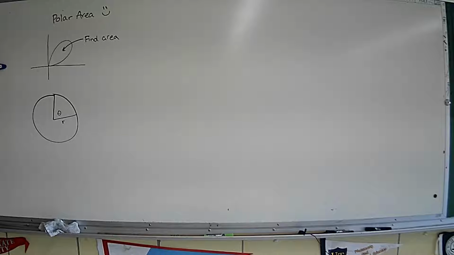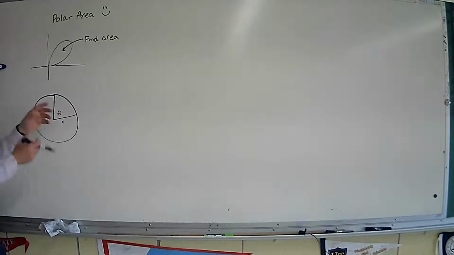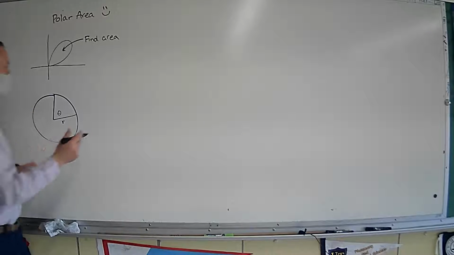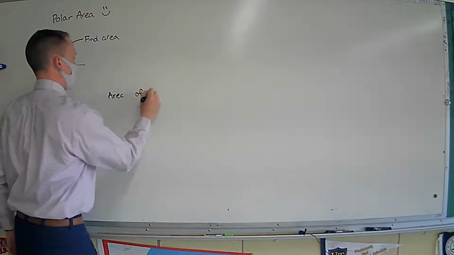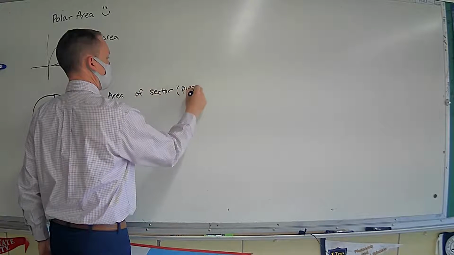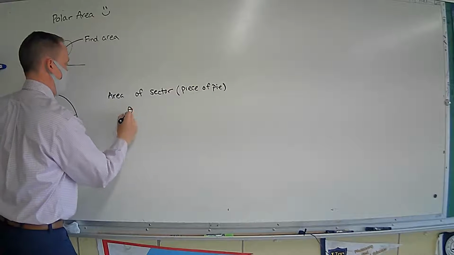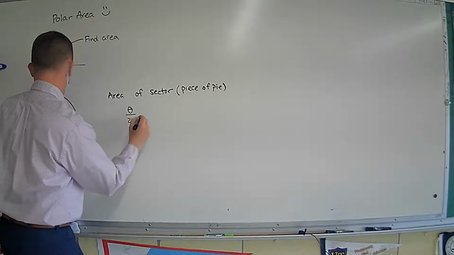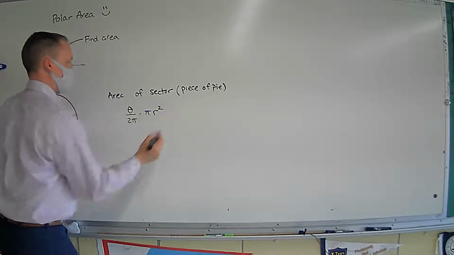Right? If you did this in geometry class, they would give you this angle, and it was, oh, that's that fraction of the circle, because the whole circle theta would be 360, right? But Ross tells us the area of that sector, that's what that's called, which is the piece of pie, is theta over 2 pi times pi r squared.